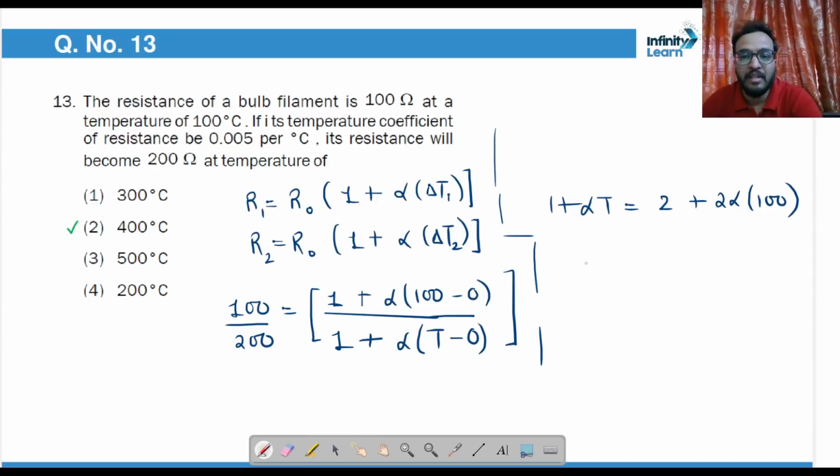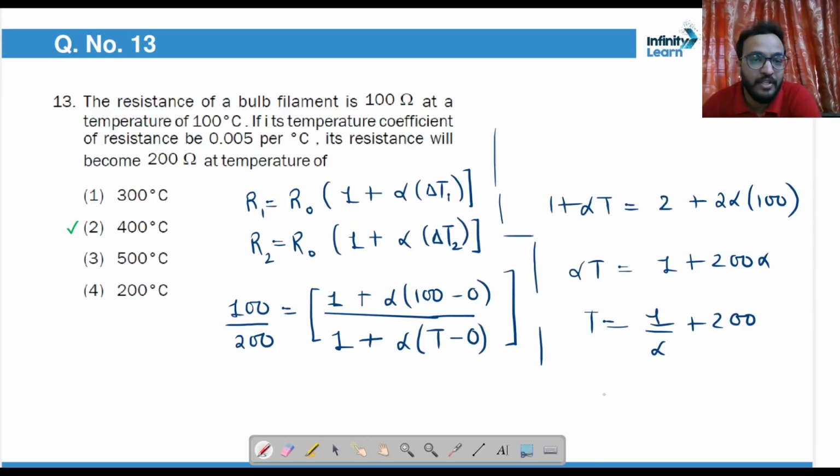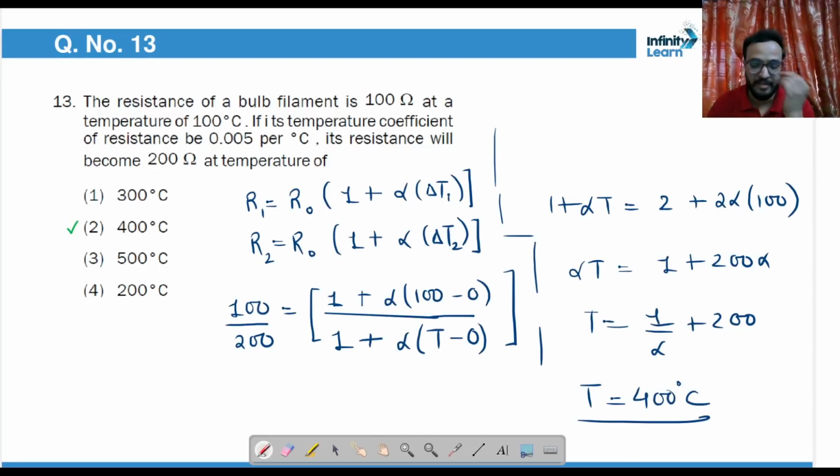That is, alpha T is equal to 1 plus 200 alpha. So T is equal to 1 by alpha plus 200. Now what is 1 by alpha? 1 by 0.005, that is 200. So the answer will be 400 degree centigrade. This is how you will get your answer.